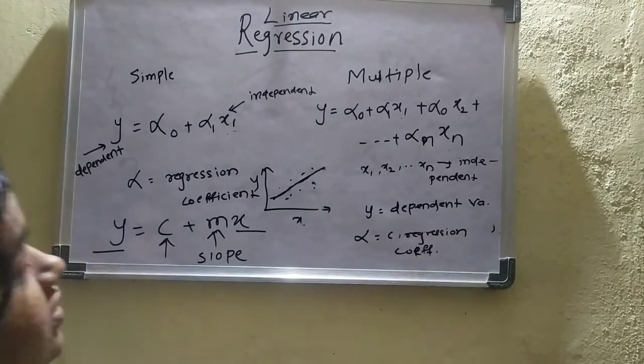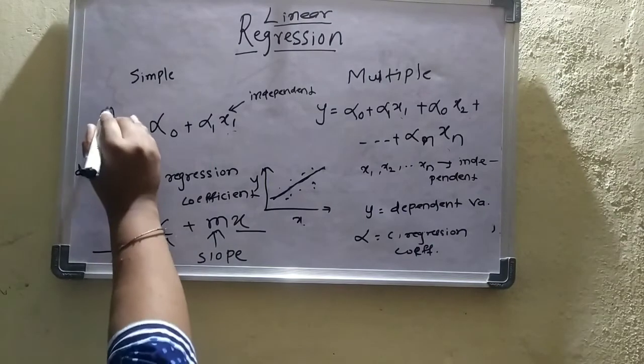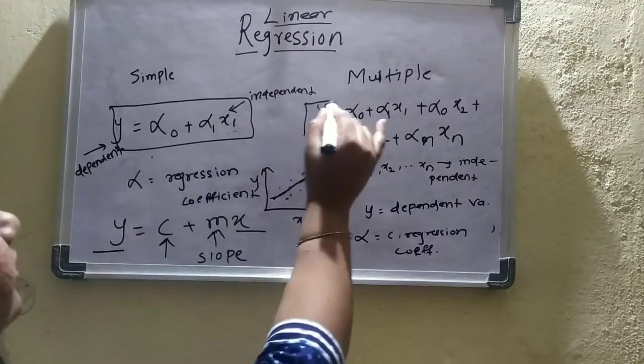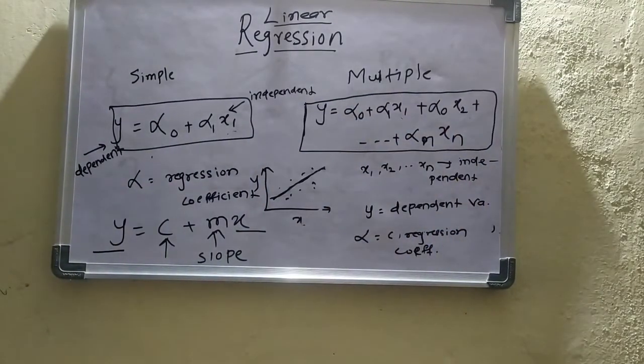How to find out the regression coefficient we will be seeing in the further videos. Whenever we relate how the relationship between the variables works, it can be done by using this equation. For simple linear regression, this equation is used, whereas for multiple linear regression, this is the equation.